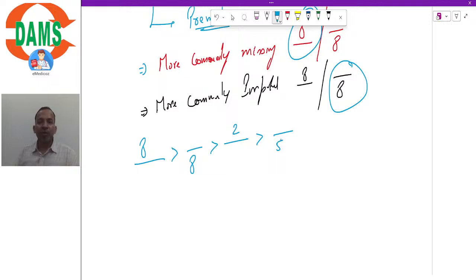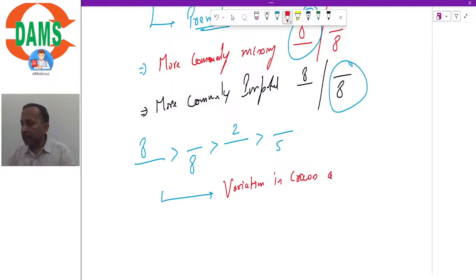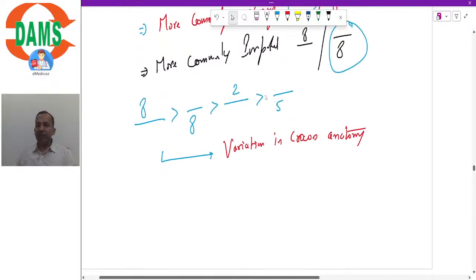So this is the sequence for the variation in the crown anatomy: upper 8, lower 8, upper 2, lower 5.